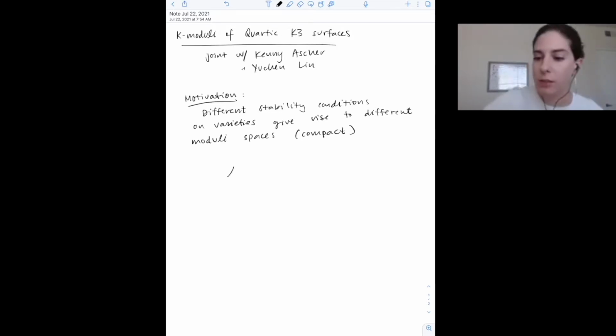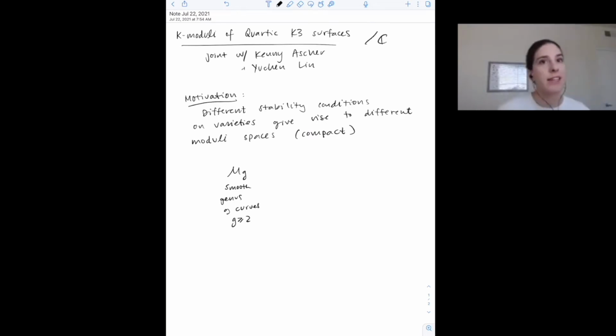But even for curves, we have the smooth locus, M_g, smooth genus g curves. g is at least 2. And probably for safety, I should say that everything here is happening over C in this talk. If you have questions about beyond C, let me know. But this is the comfort zone.